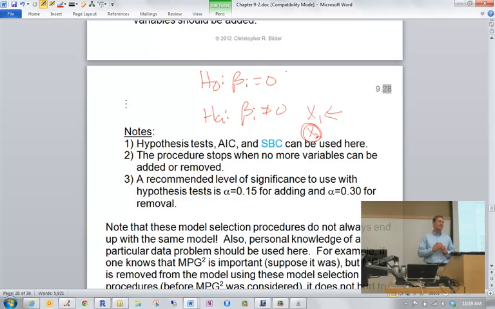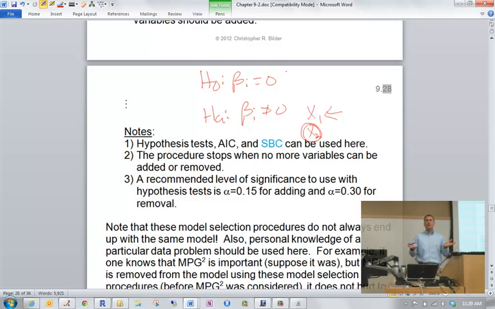The answer is no, because you can never say that H0 is true when you do hypothesis testing. So you can see a defect in these predictor variable selection procedures: by removing FTP from the model, we are essentially saying that beta is equal to 0 for it. But that's a problem.